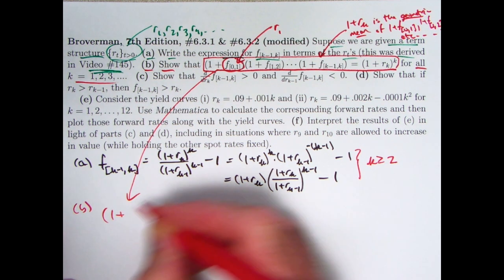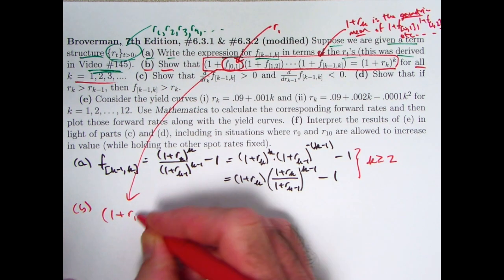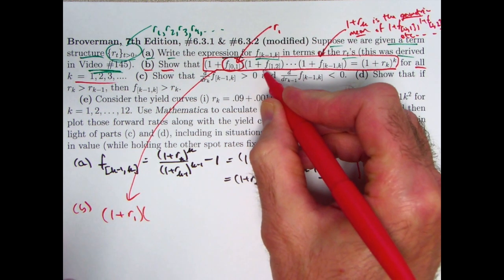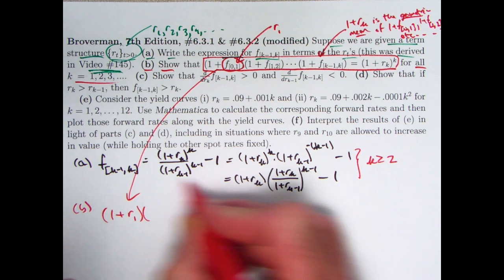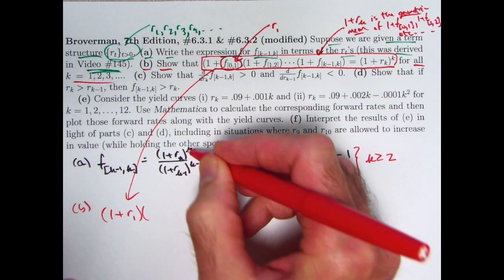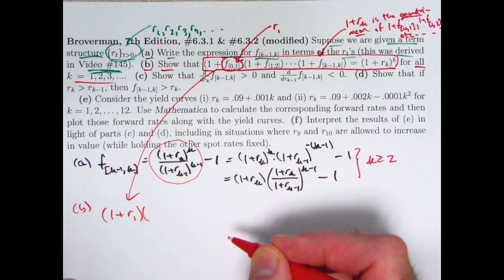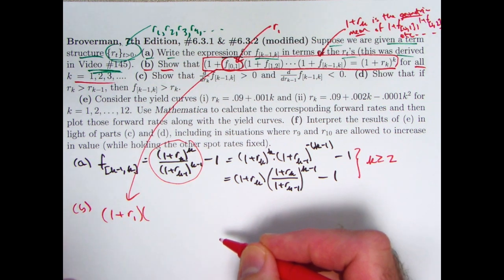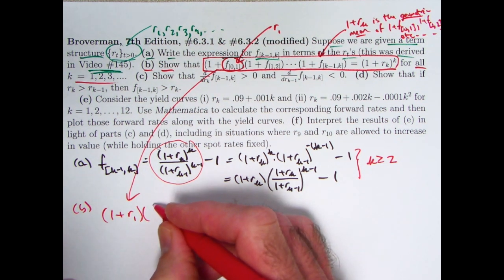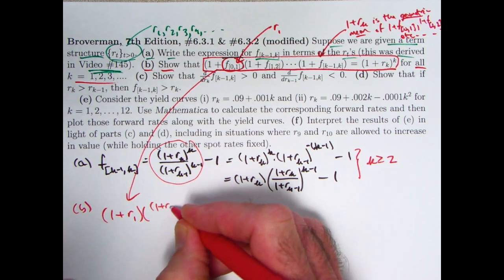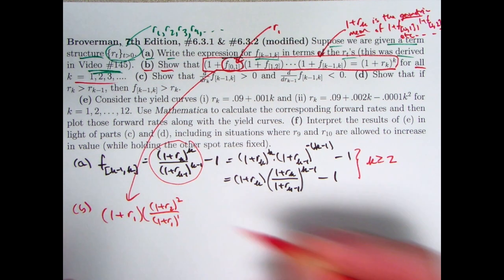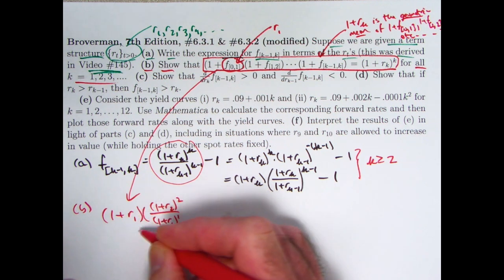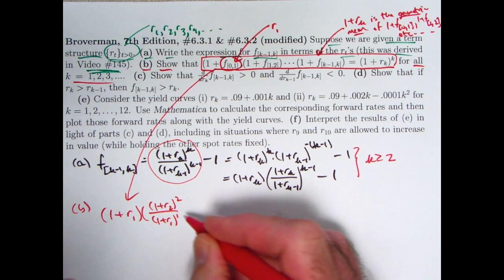So I can replace f01 with R1. For 1 plus f12, I can use this formula, add 1 to both sides, and I get this expression right here with k equal to 2. What will that equal? It will equal (1 plus R2) squared over (1 plus R1) to the first power. And you can see right away the 1 plus R1s will cancel.